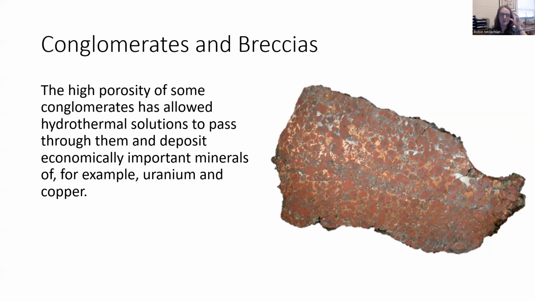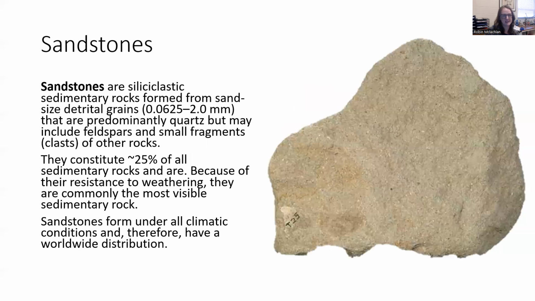And we know that anytime you get too many ions in solution, that's hypersaturated, then those ions can precipitate out as a solid. And often when you look at a breccia or a conglomerate, you're actually going to find ores within it. This example has copper ore deposited within the matrix. So they can be pretty important ore resources.